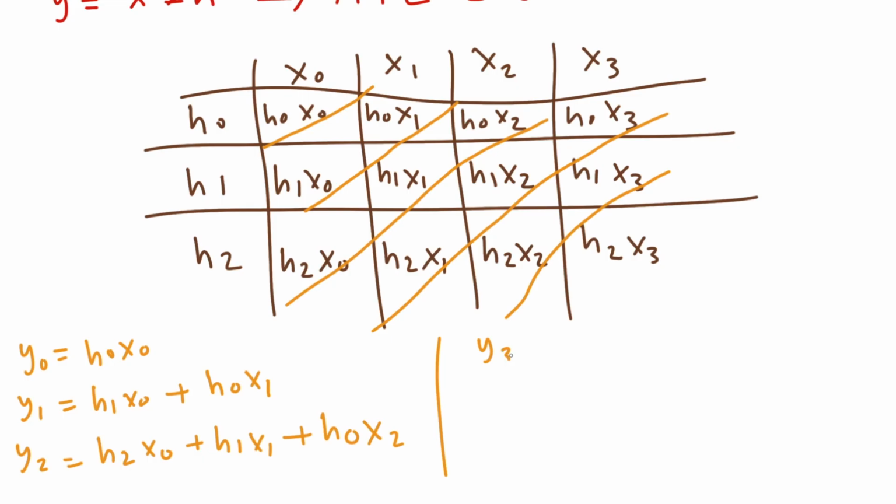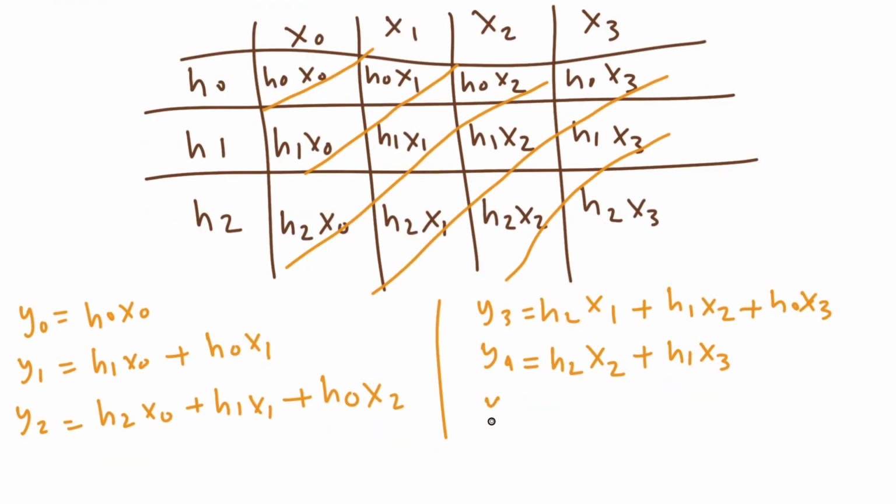Your y3 is h2 x1 plus h1 x2 plus h0 x3. y4 is equal to h2 x2 plus h1 x3, and finally y5 is equal to h2 x3.